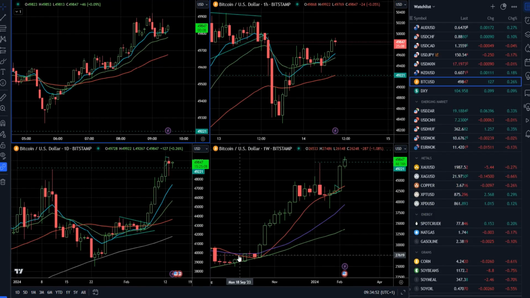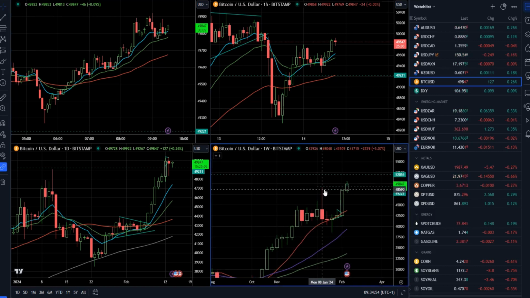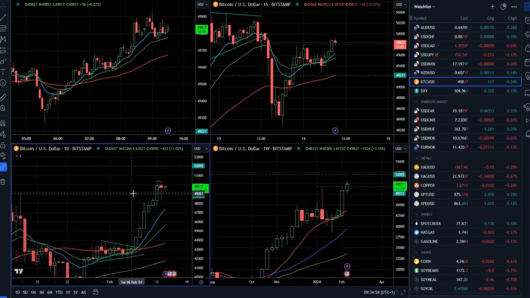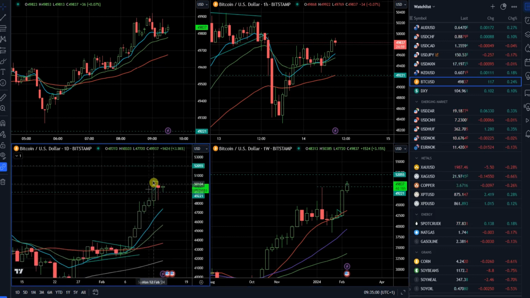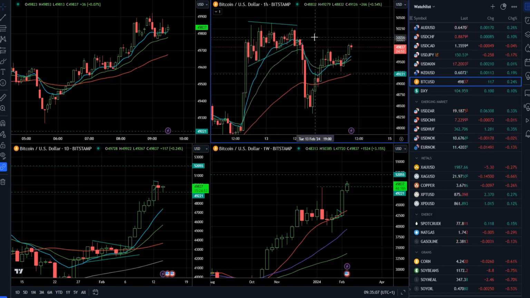Now, speaking of the Bitcoin versus US dollar, the market took this pin bar tail, and we are still building, trading above our 10 and 20 day moving averages. The hourly time frame had this sell-off.